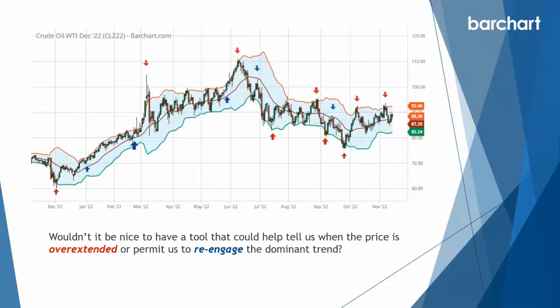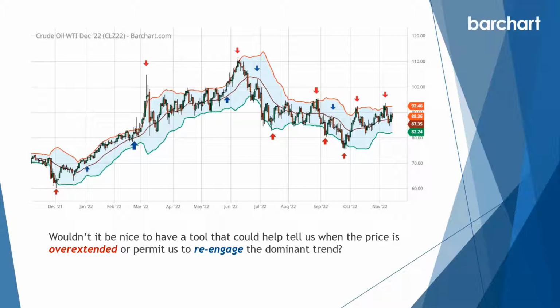Now, traders use the outer bands as price targets for entries and exits. And furthermore, knowing that the bands represent volatility, traders can anticipate how far price could travel from our moving average. Another application of Bollinger Bands is to take into consideration the width of the bands.